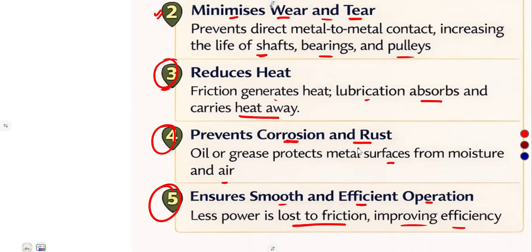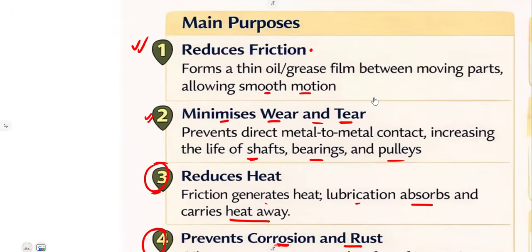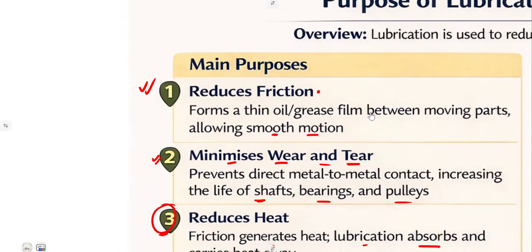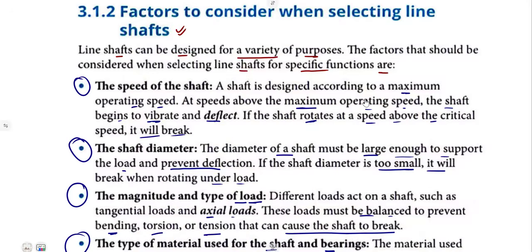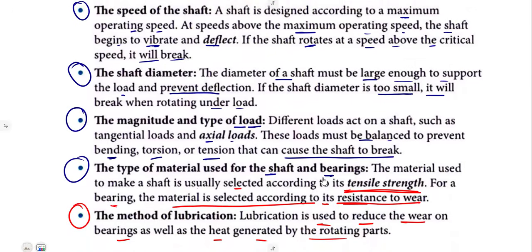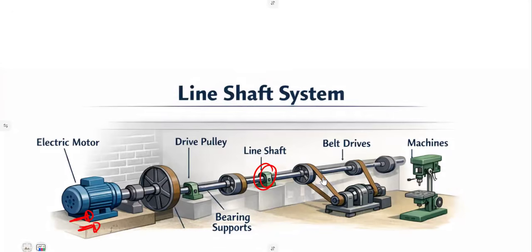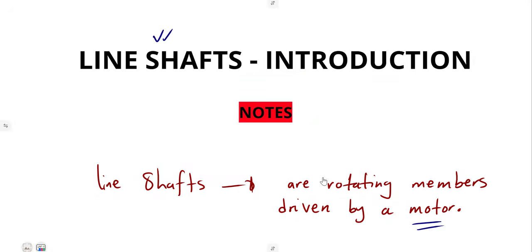All right, so as a basic view of the line shaft, we are going to look into calculations in our next class. That is what exactly you must expect in your calculations for the line shaft system.